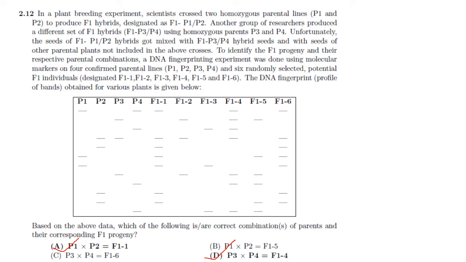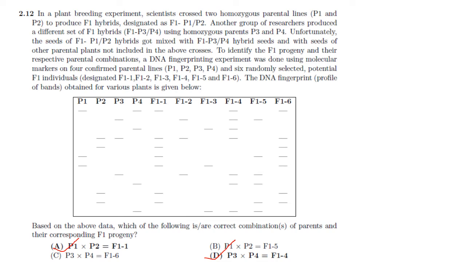So in order to identify, they conducted a DNA fingerprinting experiment using the confirmed parental lines, that is P1, P2, P3, P4 and 6 randomly selected potential F1 individuals, that is F11, F12, F13, F14, F15, F16.